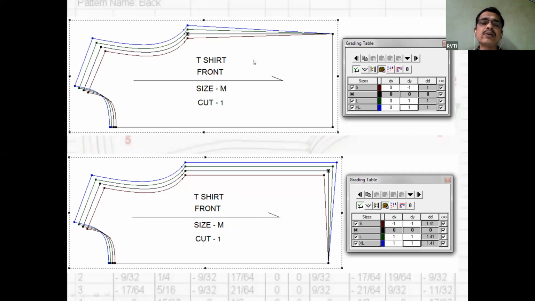And for calculating increment, we should know the variable quantities, where we have to apply the cardinal points and grading points, how we can drop the curve, and whether the point will move in X direction or minus X direction, Y direction or minus Y direction. This we should know clearly. Then only can we do pattern grading easily.